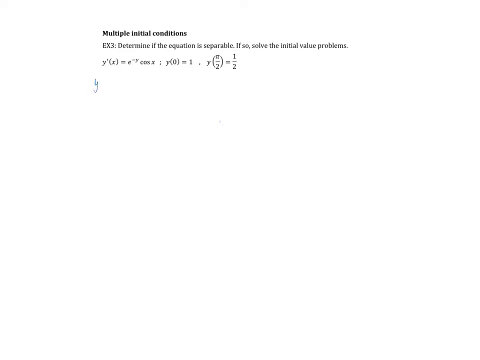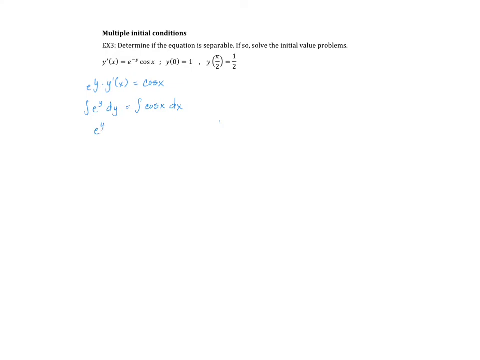This will be e to the y times the derivative with respect to the variable x is equal to cosine of x. Okay? So function of x on the right, all the functions with respect to y on the left. So I'm going to go ahead and integrate e to the y dy equal to the integral of cosine of x dx.